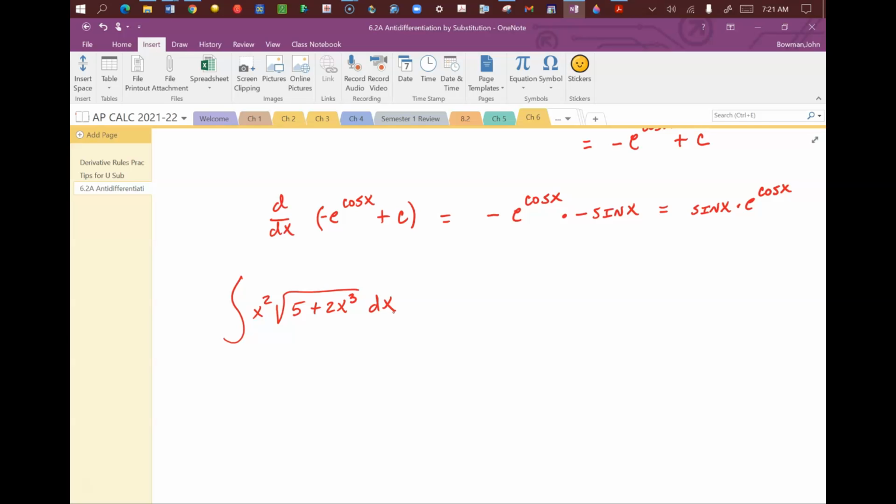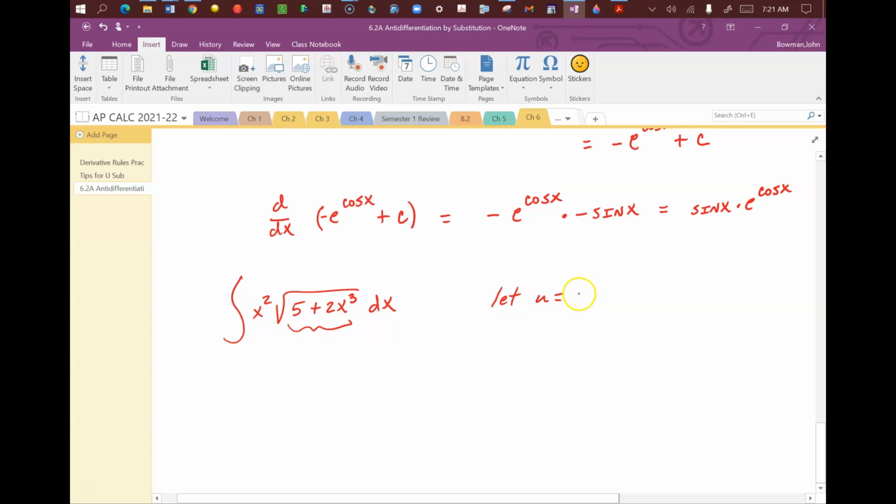And when I think about substitution, I think about trying to replace maybe the most difficult part of the integrand, but also looking at things like, oh, if I differentiate 5 plus 2x cubed, I'm going to have a 6x squared, and there's an x squared outside the radical. So I'm just going to try the following substitution.